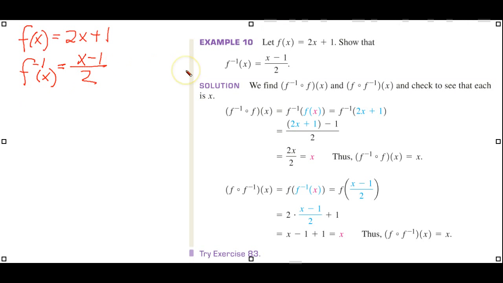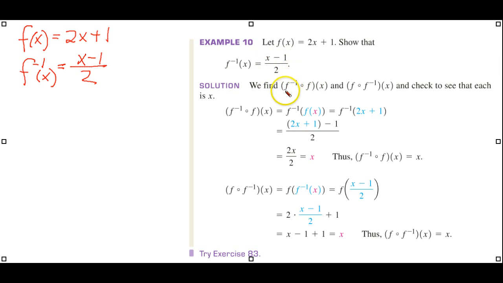Okay, let's take a shot at this now. We want to see if, in example 10, this function shows that its f inverse function is in fact true.